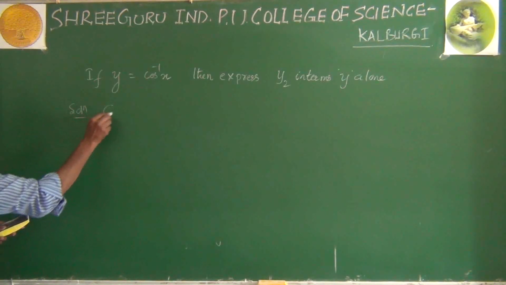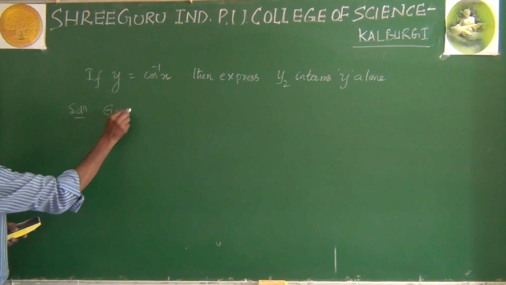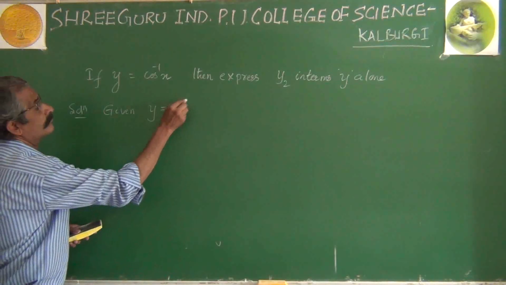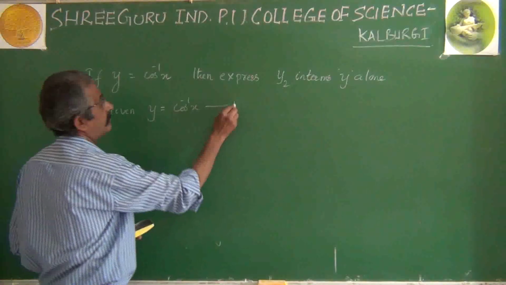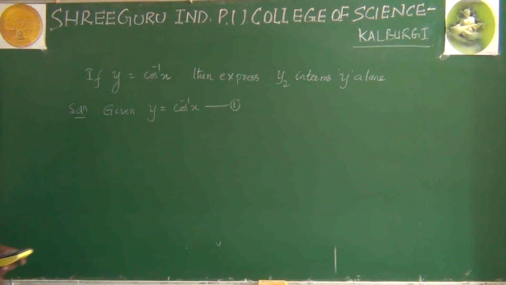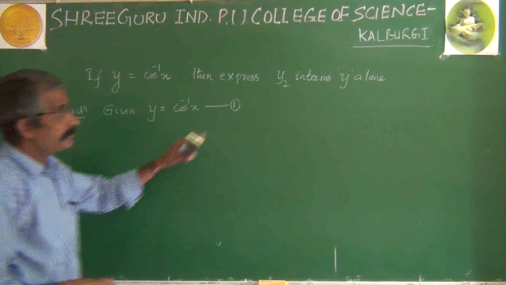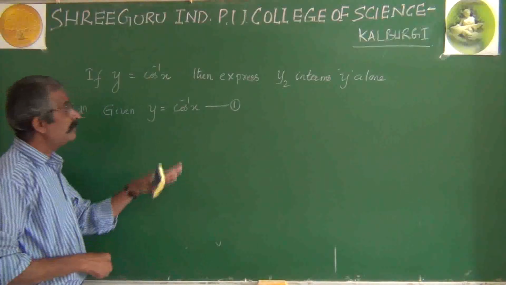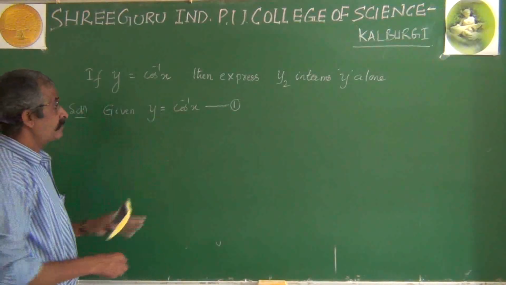Given y equals cos inverse of x, you may call it 1. Because the question is to express y2 in terms of y alone, we shall start by converting x in terms of y.